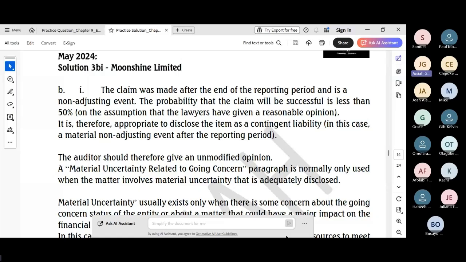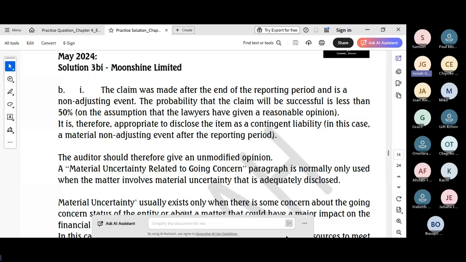Explain that the accounting treatment, which is disclosure as a contingent liability, is correct under IAS 10 and IAS 37, because the claim is a non-adjusting event, and the lawyers said its chance of success is less than probable. So that's the justification for your opinion.